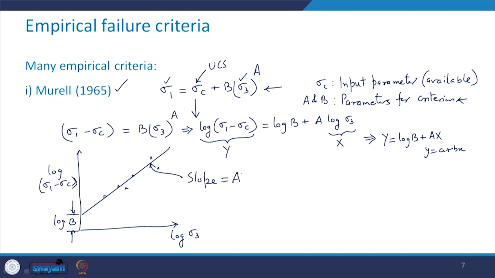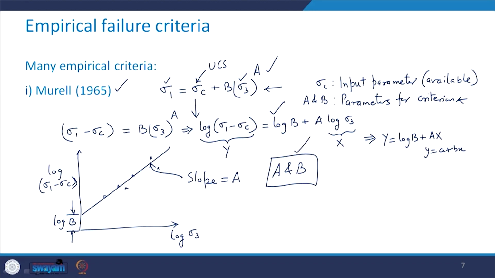So you see, by converting this nonlinear equation into a straight line in this fashion, we could get the parameters a and b.